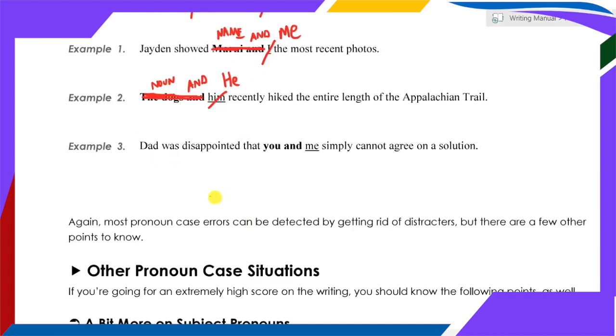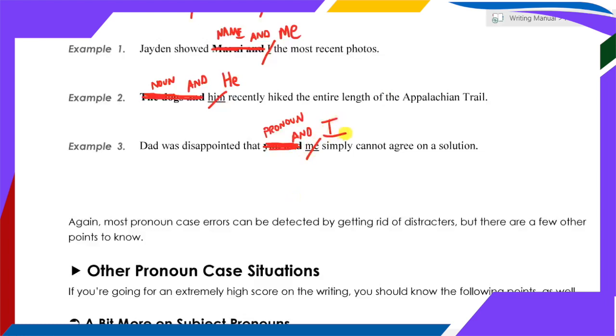Example 3, Dad was disappointed that you and me simply cannot agree on a solution. Again, if somebody said that to you, you probably wouldn't have too much of an issue with that sentence. But if we cross off this pronoun and, so there's our third variation of this distractor, pronoun plus and, if we cross off the you and reread the sentence, Dad was disappointed that me simply cannot agree, that doesn't sound right.